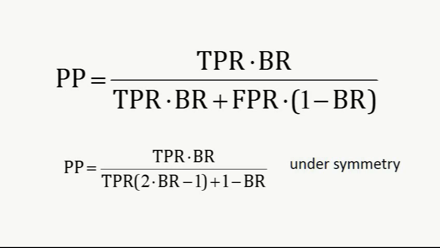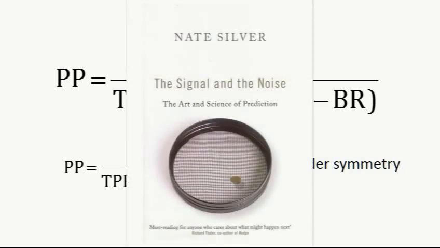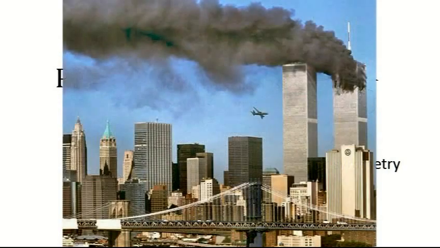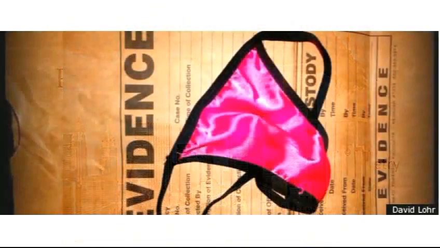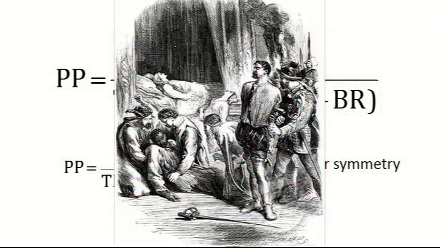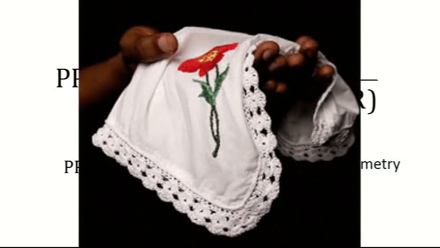In the first video, we saw the hypothesis of fire and the evidence of smoke. In the blog, I've used lots of other examples. I've discussed the two examples in Nate Silver's book, The Signal and the Noise: the hypothesis of a terrorist attack, given the evidence of two planes hitting the Twin Towers, and the hypothesis of infidelity, given the evidence of an unfamiliar piece of underwear found in a drawer, an example which I then developed into a looking at Othello and Iago's trick to mislead him.